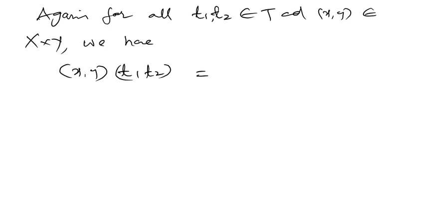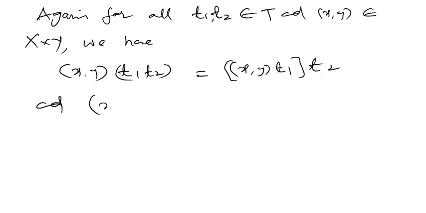You can see this is equal to ((x, y)t1)t2. This you can easily verify. And (x, y) with the identity is equal to (x, y). This is very easy. So we check it is actually a right T system.